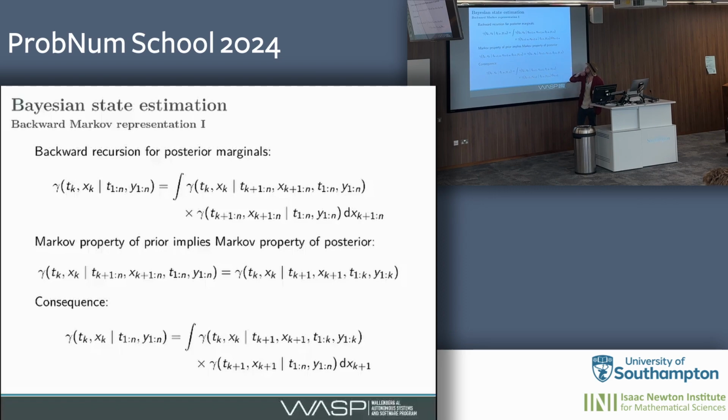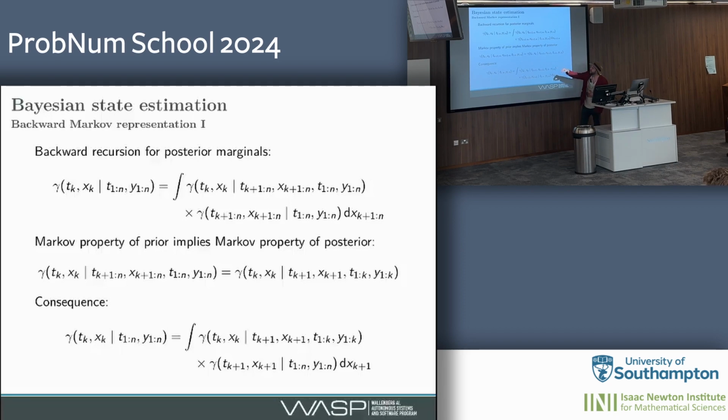Well, by definition, the posterior marginal at t_k is just the conditional marginal at t_k given all the future states and all the measurements, times the marginal of all the future states given all the measurements, and then you just integrate them out. Now, the Markov property actually implies that the posterior also has a Markov property, and it even has this backwards Markov property.